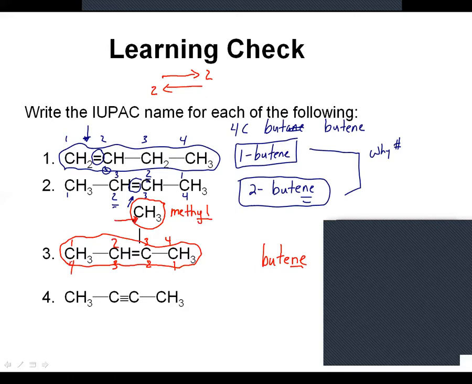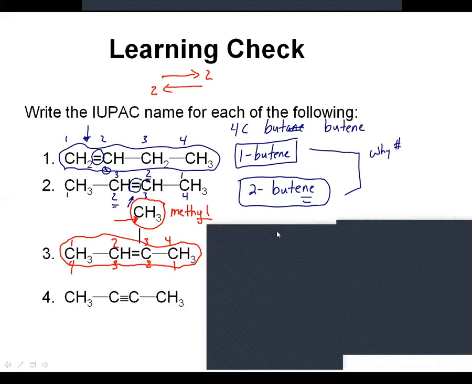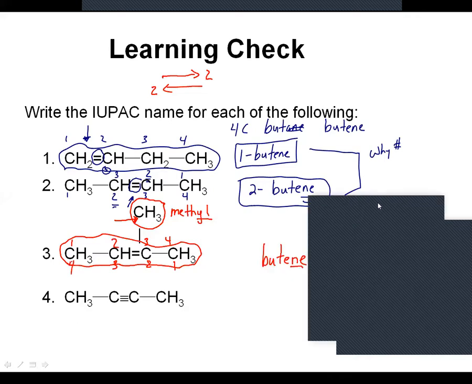So it is different depending on which way you go for that group and the number. So when we do look at it, if we go left to right, that group will be at carbon number 3. And if we go right to left, that group would be at carbon number 2.